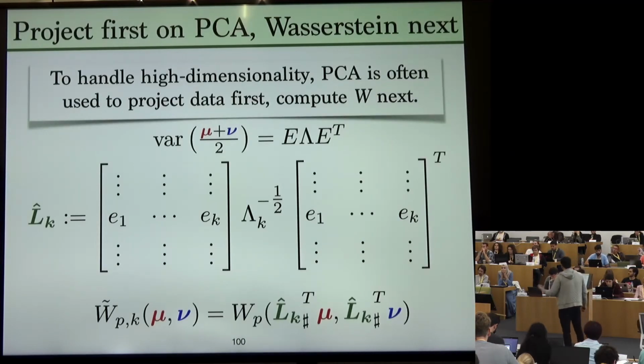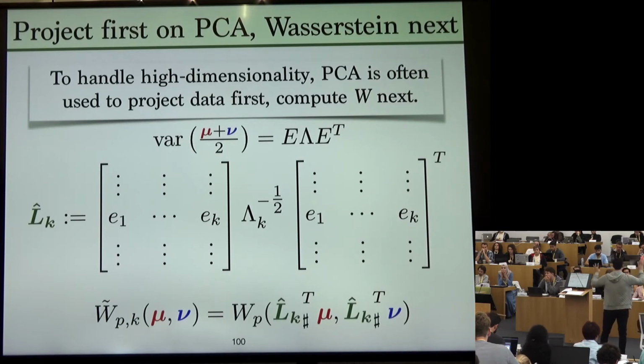What people have done as well to cope with this high-dimensional problem with the Wasserstein distance is, I guess, what many people would think of doing. Imagine you have to compute the Wasserstein distance between two high-dimensional point clouds. Maybe they live in dimension 20,000. So this is typically what people in biology would have to face.